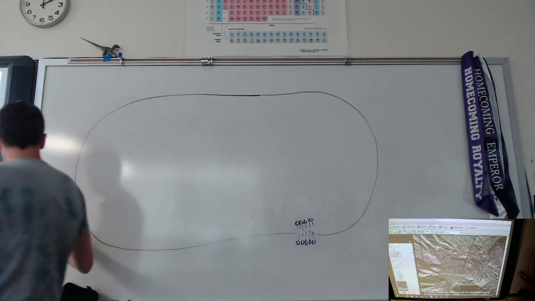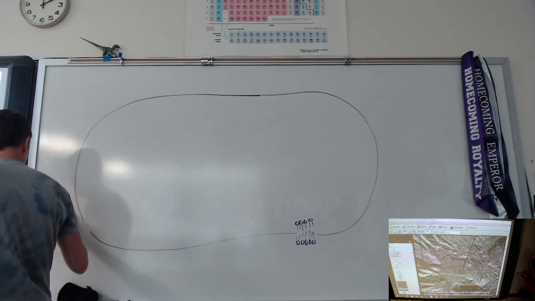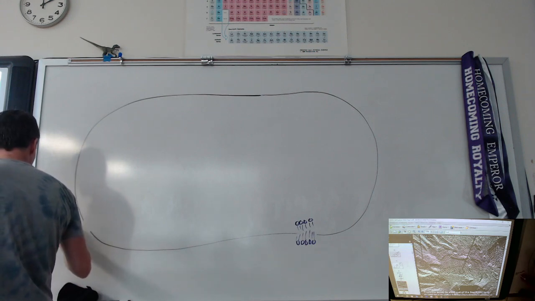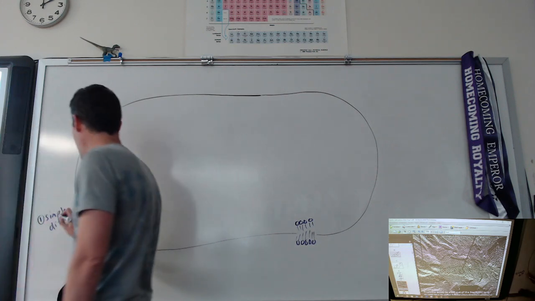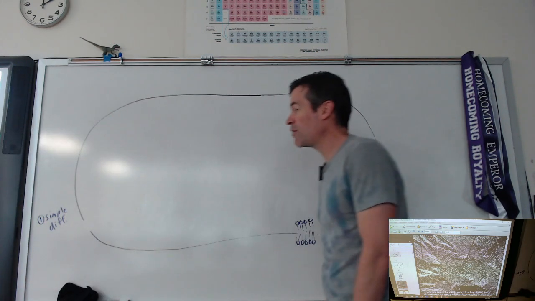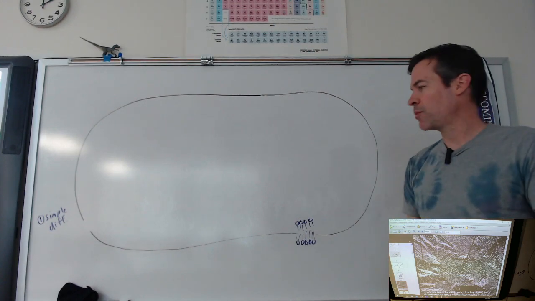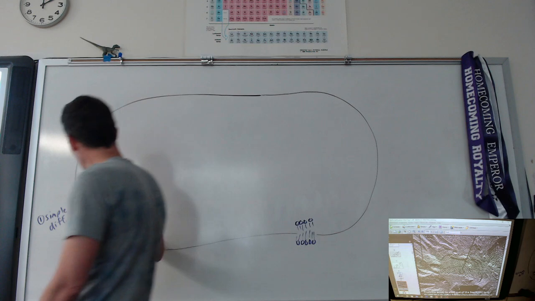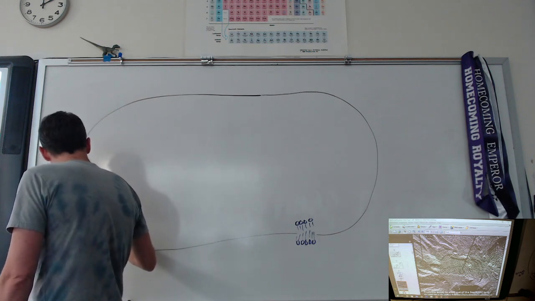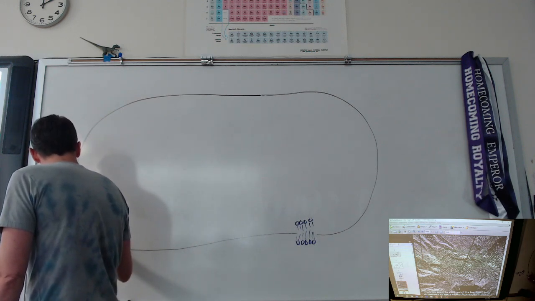So first off, number 1, simple diffusion. Again, your 9th grade teacher might have just called it diffusion, but in here we've got a few different types of diffusion, so now we have to distinguish between them. So, simple diffusion. I've got some phospholipid bilayer here.